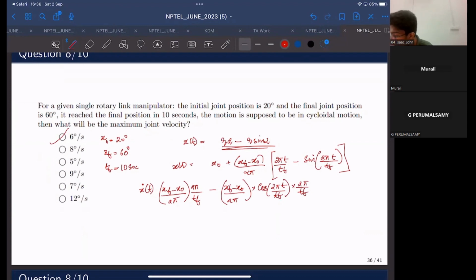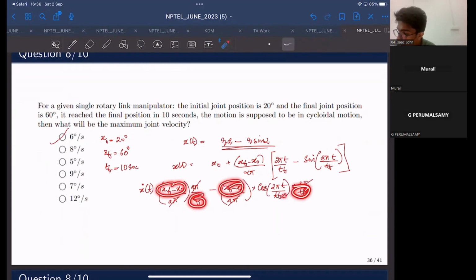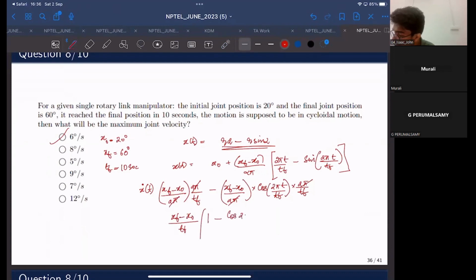Right? So what will happen? 2 pi and 2 pi will get cancelled. Here also 2 pi and 2 pi will get cancelled. So taking out the common term, (xf minus x0) by tf, we have 1 minus cos 2 pi t by tf. This would be your velocity, x dot of t.